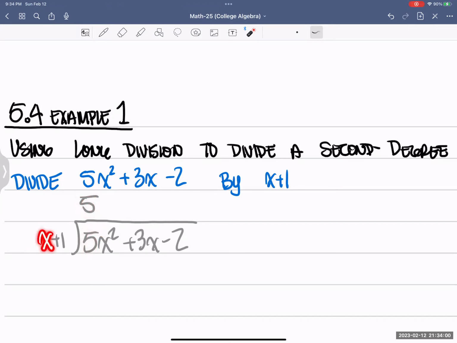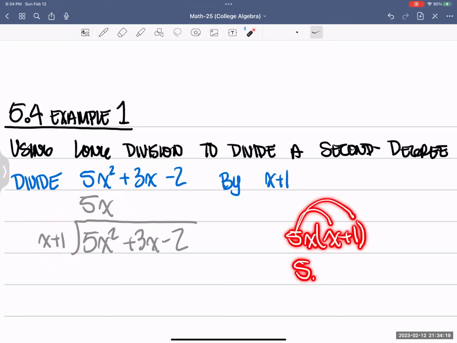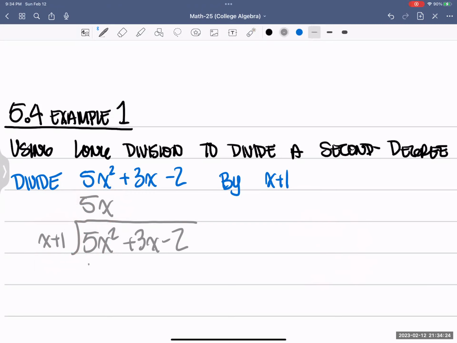And now x. What do we multiply to x to get to x squared? Looks like we're just going to multiply one more x to get to our x squared. So now 5x is what we're multiplying to this whole thing. Over here on the side, we have 5x times our x plus 1. Distribute, so that's going to be 5x squared plus 5x.